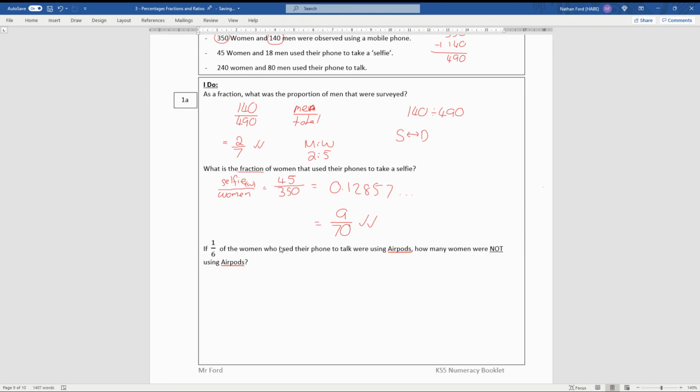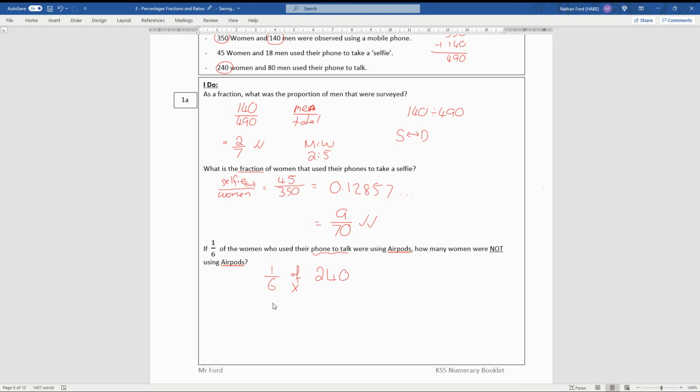So if 1/6 of the women who use their phone to talk were using AirPods, the number of women who use their phone to talk is 240. So 1/6 of 240. Remember, of is the same as times.